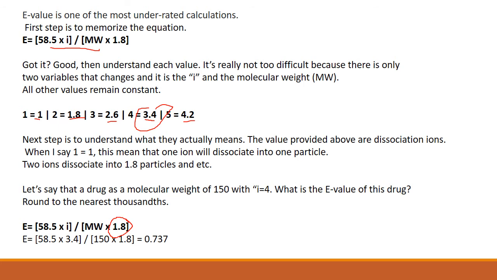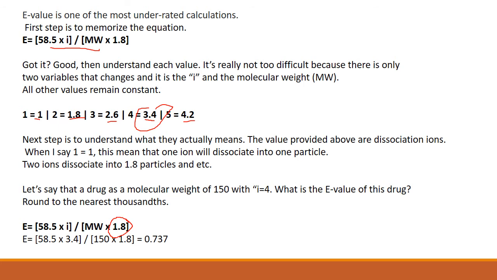To understand each value, it is really not too difficult because there are only two variables that change: the Van Hoff factor or the dissociation factor, and the molecular weight. All the other values in the formula remain constant.